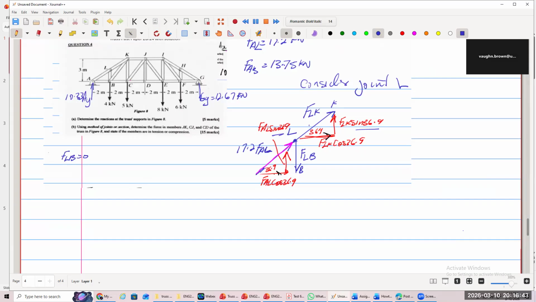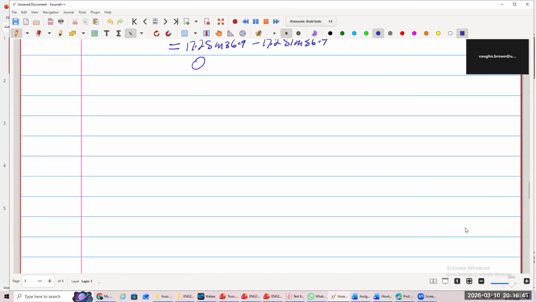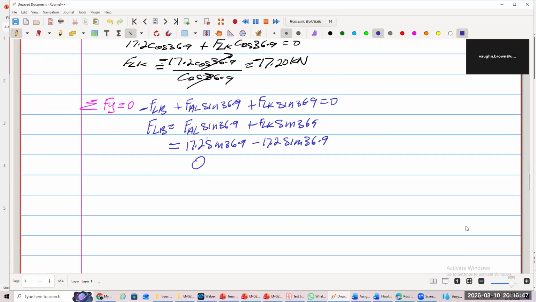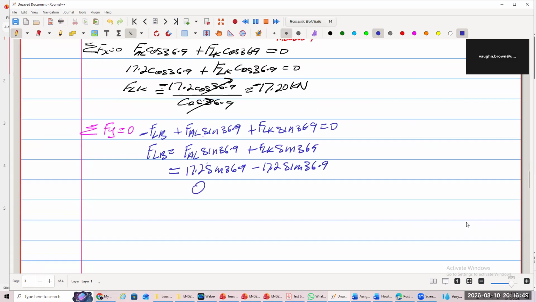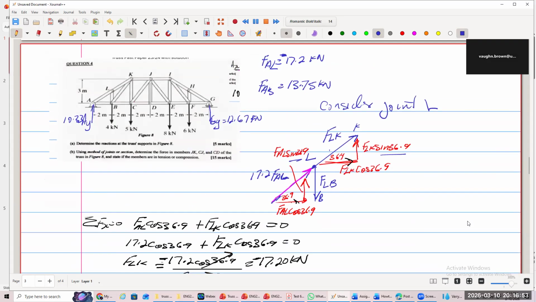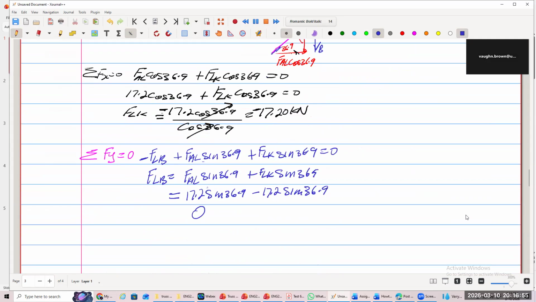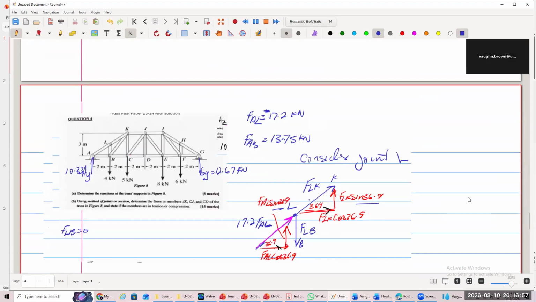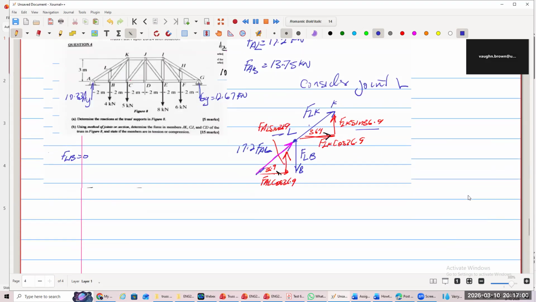What we had found again, we find something else. Which one did we say was 0? Was it the right one we labeled as LK? LK is 17.2. Right. So FLK, pardon me, you can go back to the FLB.